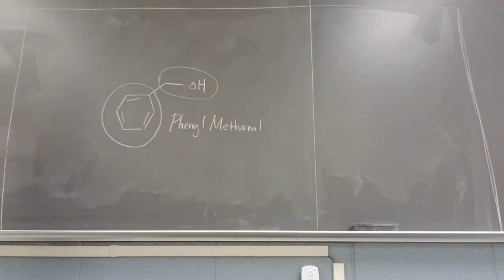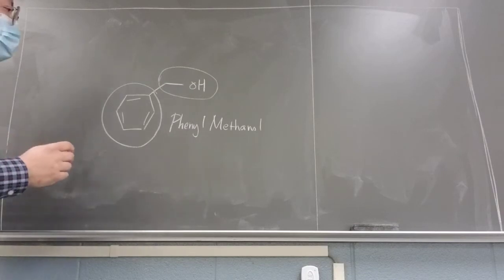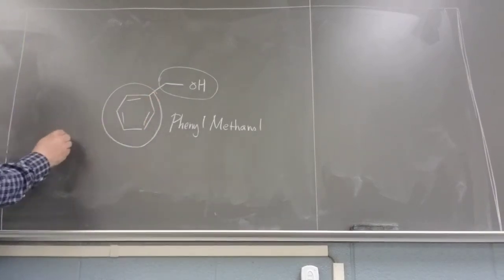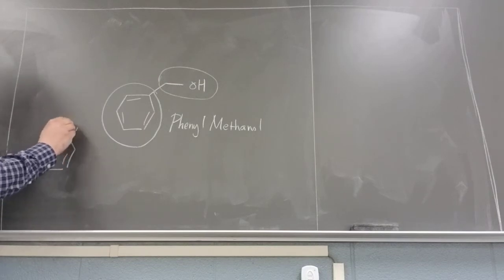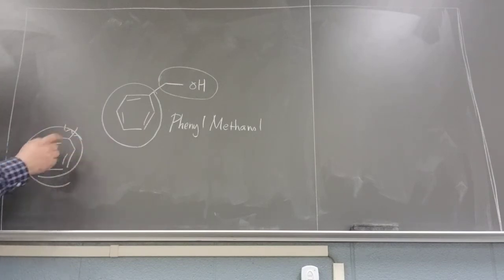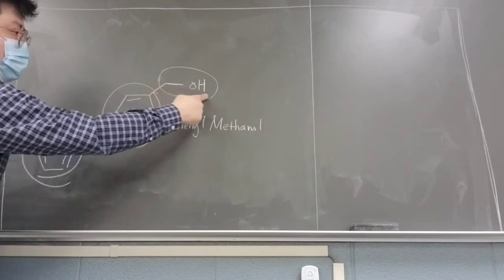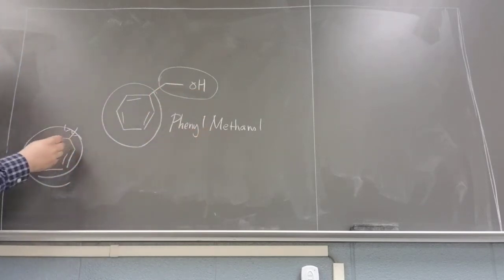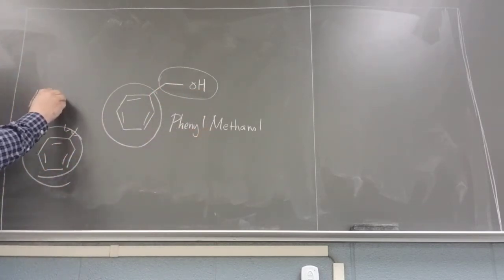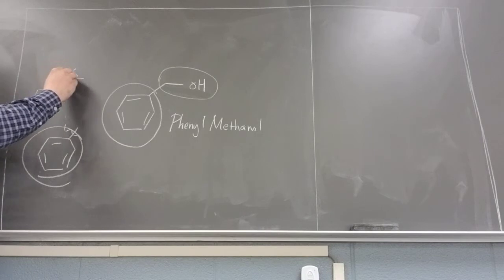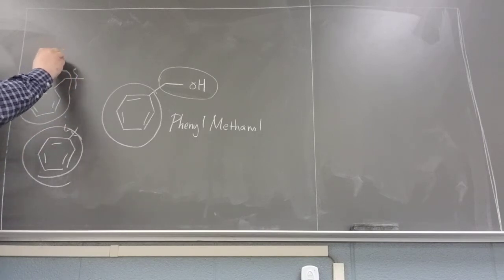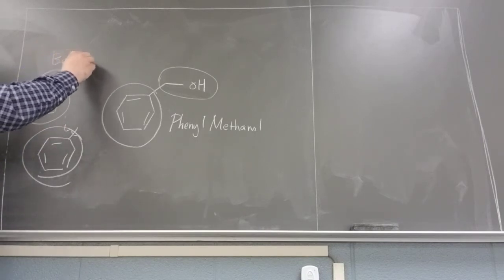But the other thing you can do is, this is the new group. This is the phenyl group. That's why we put the phenyl group on this methanol. It's phenyl methanol here. But if you have one carbon with that phenyl group, we call this a benzyl group.